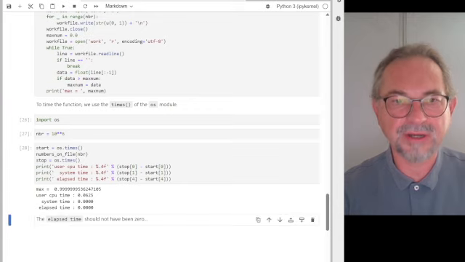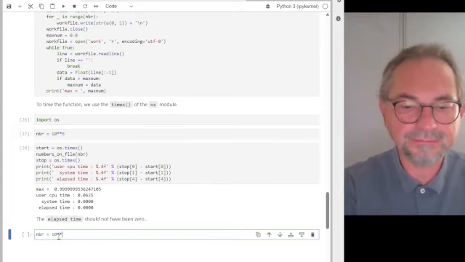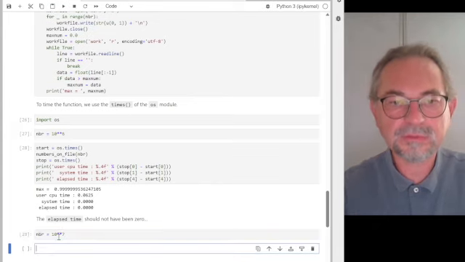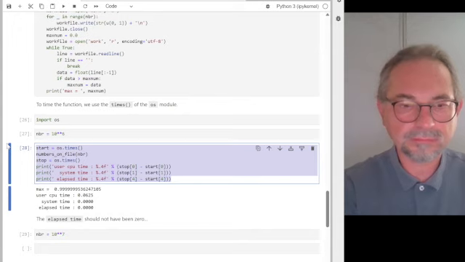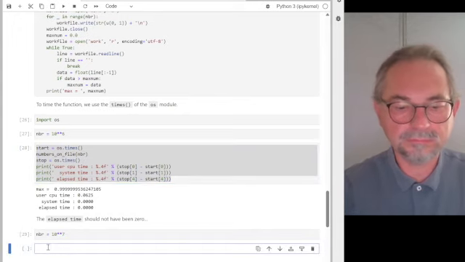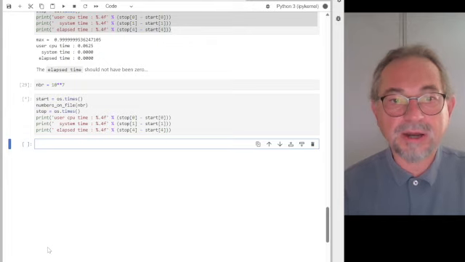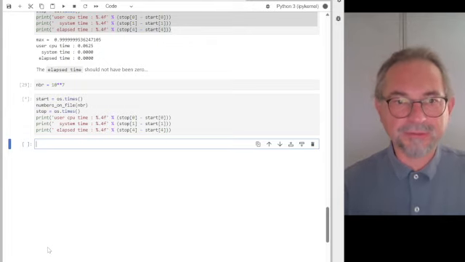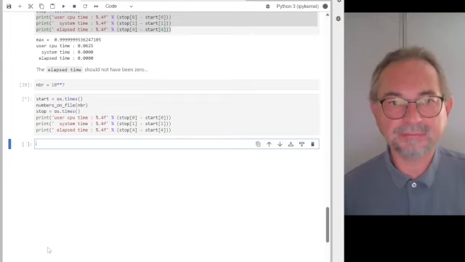Let me try this for a larger number and see what happens to the total elapsed time. I should have probably doubled it, but I did this times 10.